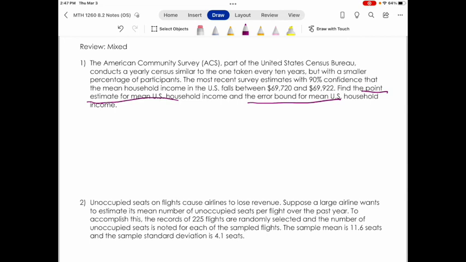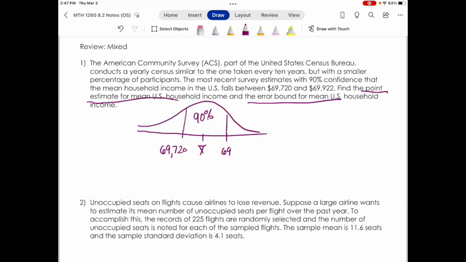So the only information that we have is our confidence interval. So if we look at our confidence interval, it's going to be 90% confident. And on the left side, our low value is 69,720. We know our mean is in the center. And then we have our high value, which is 69,922.